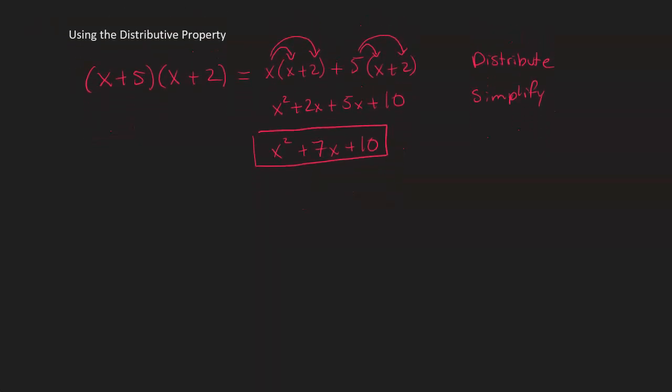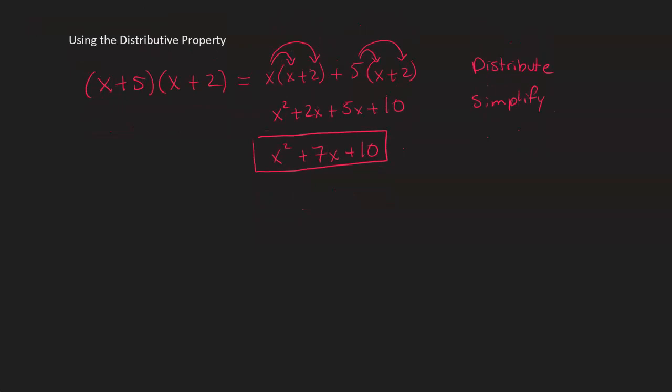Okay, let's take a look at another example. This time I will color code it, maybe a little bit better for you to understand the distributive property. So say I have an expression of x squared plus 2, and I'm going to multiply it to this expression x minus 1.